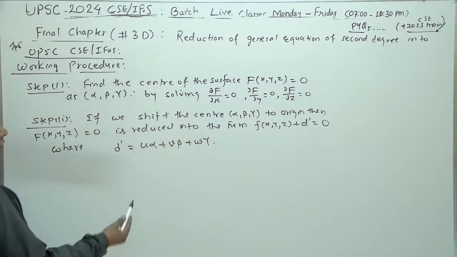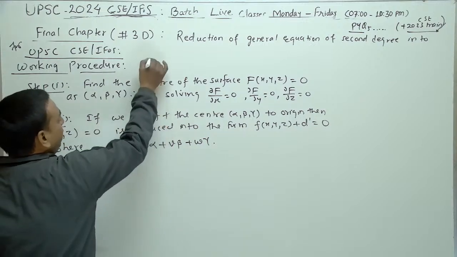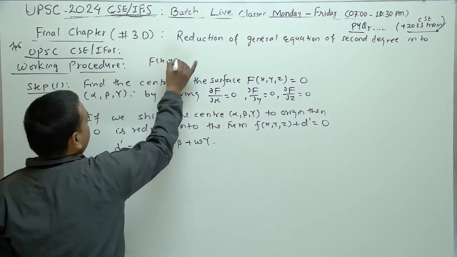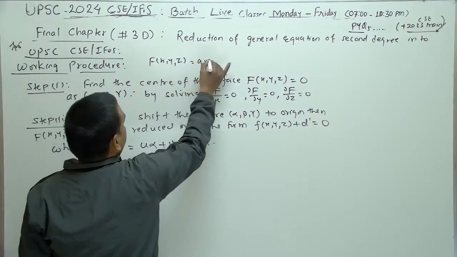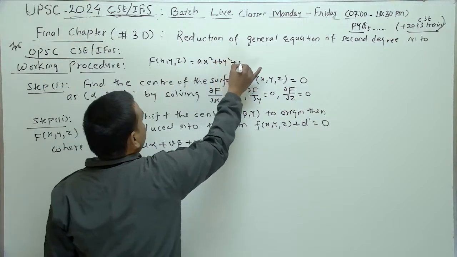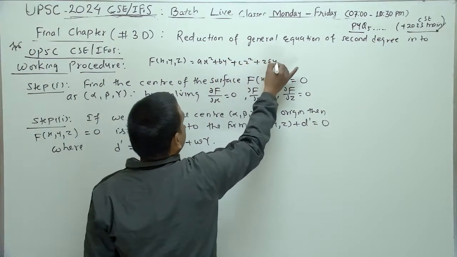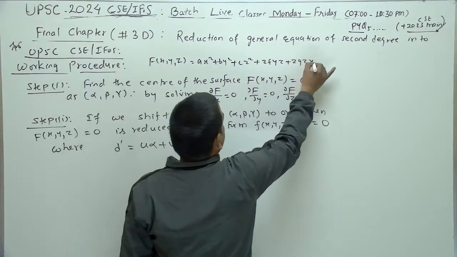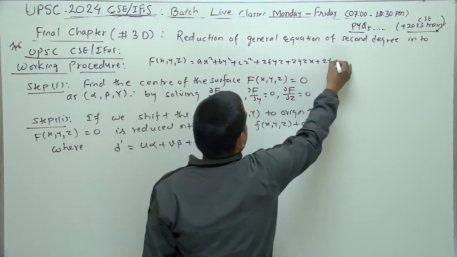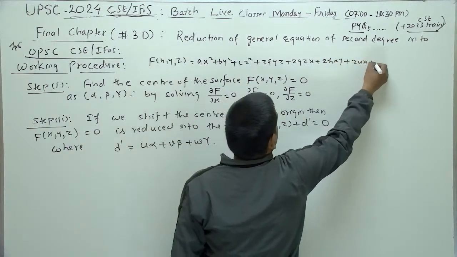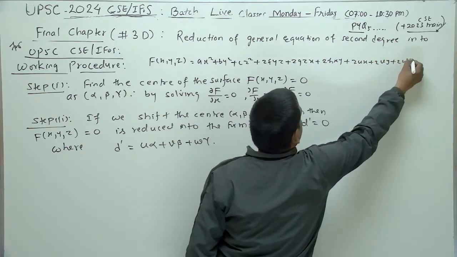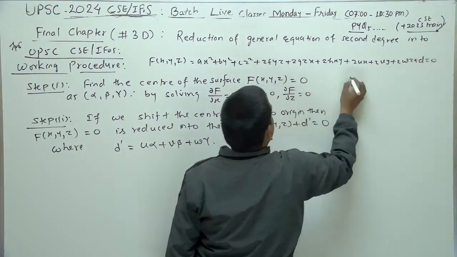What are u v w? From the given equation f of x y z, क्या है? ax square plus by square plus cz square plus 2fyz plus 2gzx plus 2hxy plus 2ux plus 2vy plus 2wz plus d equals to 0.